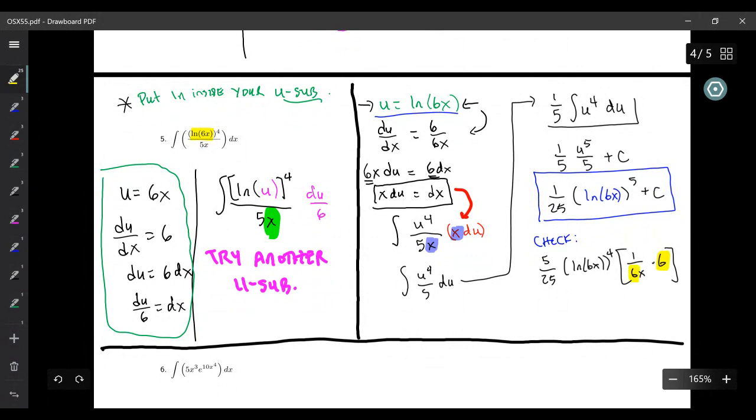This 6 and this 6 cancel each other. This 5 and this 25 cancel each other, not quite, but you end up with 5x in the denominator. And then you get ln of 6x to the 4th power in the numerator, which matches our original problem.